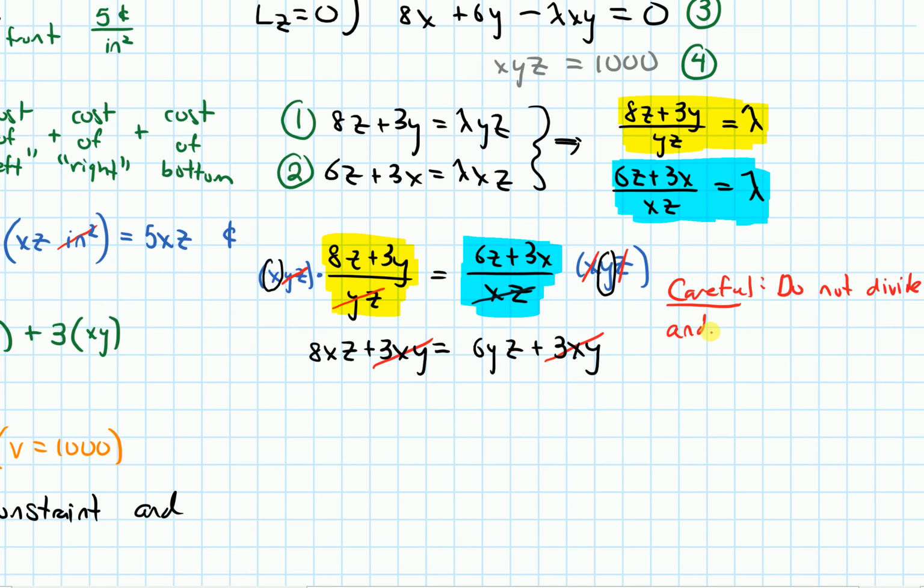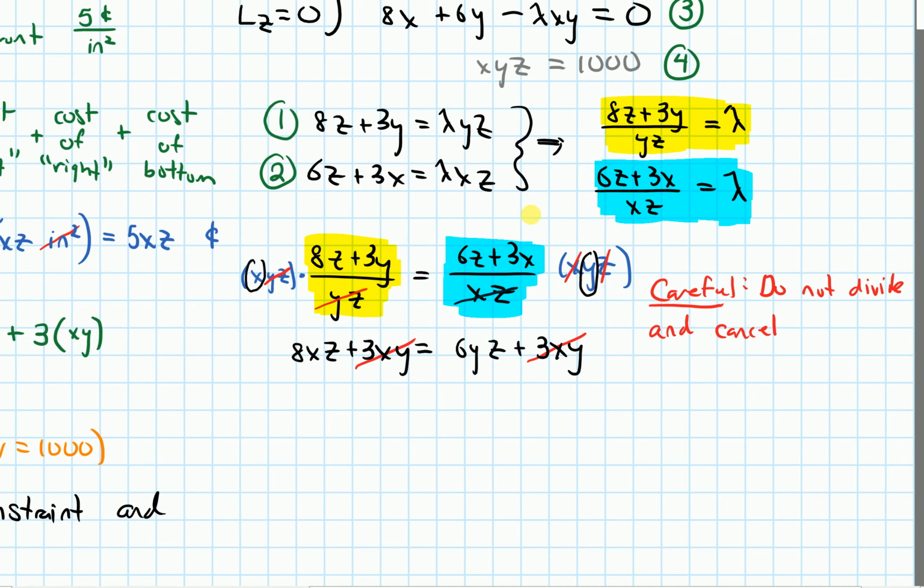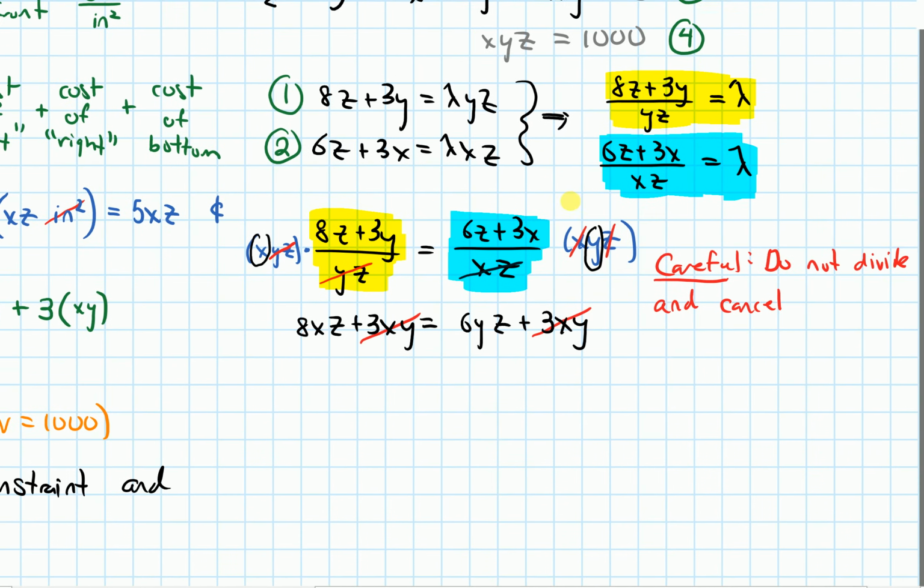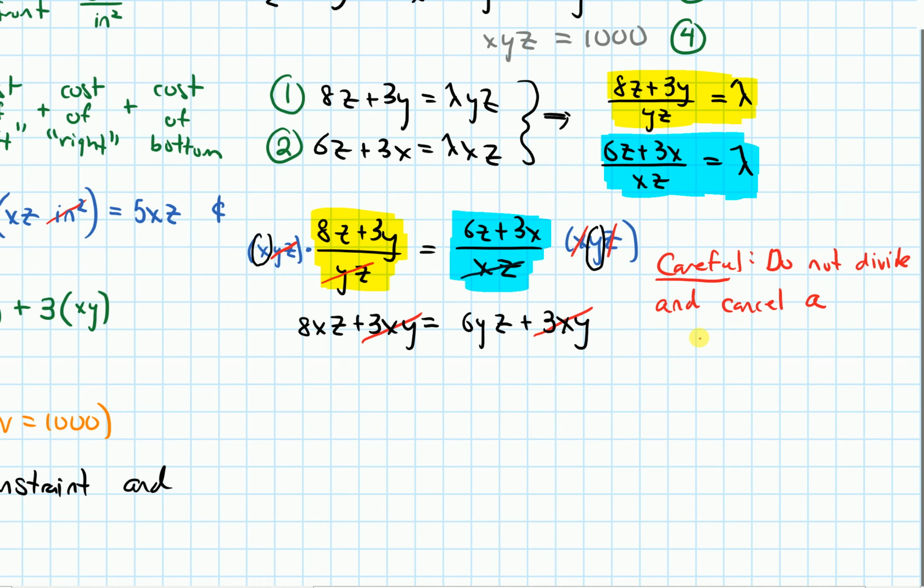So I'm going to say, do not divide and cancel a variable, because what if the variable is 0? If the variable was 0, then you'd be dividing both sides by 0, which would make your fractions undefined.